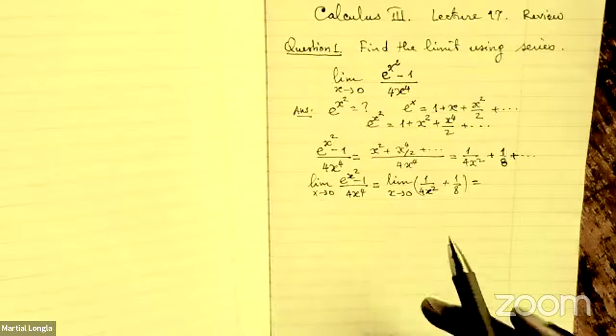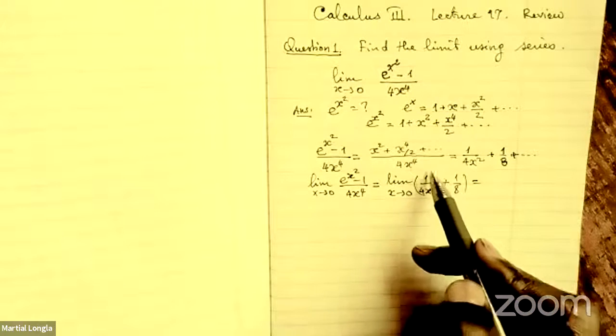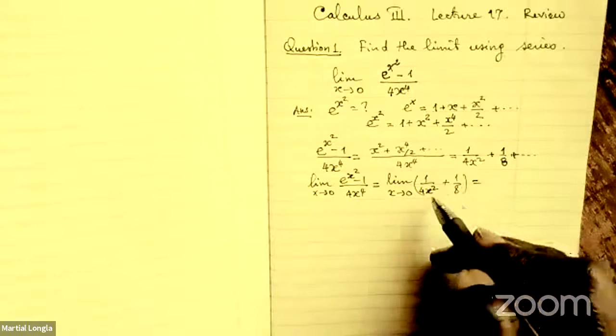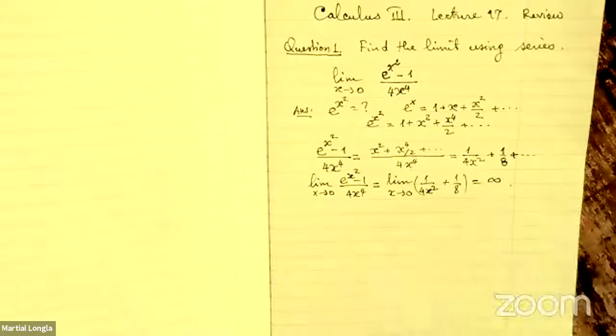And when x goes to 0, x squared goes to 0, but it's positive. When over a positive 0, that's infinity. Infinity plus 1/8, this limit is infinity.